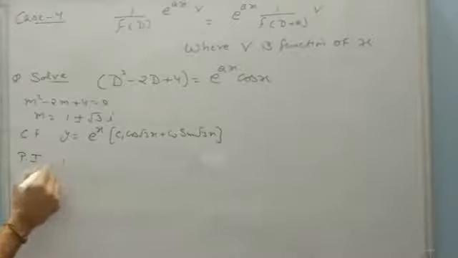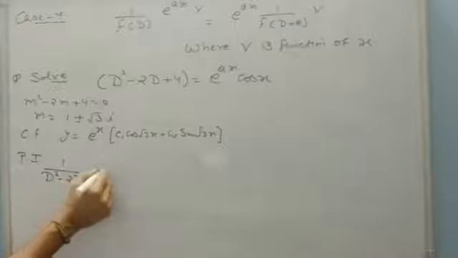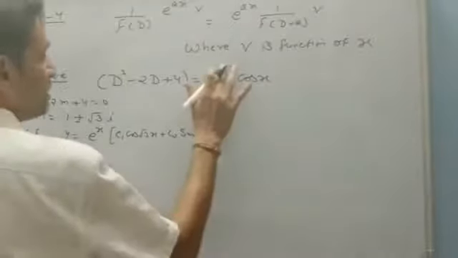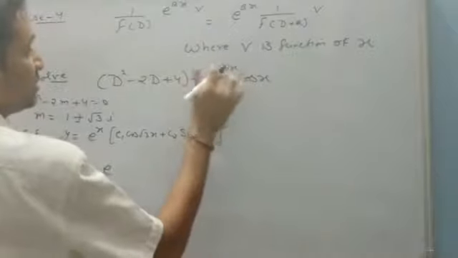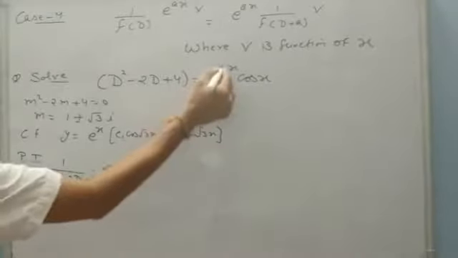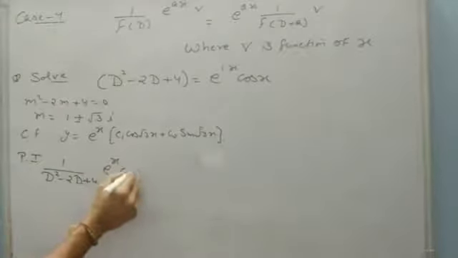It is 1 upon D square minus 2D plus 4 of e to the power ax. Here, instead of ax, let us just take x. Then it will be e to the power x cross x. Here the coefficient is 1, so I use it here.